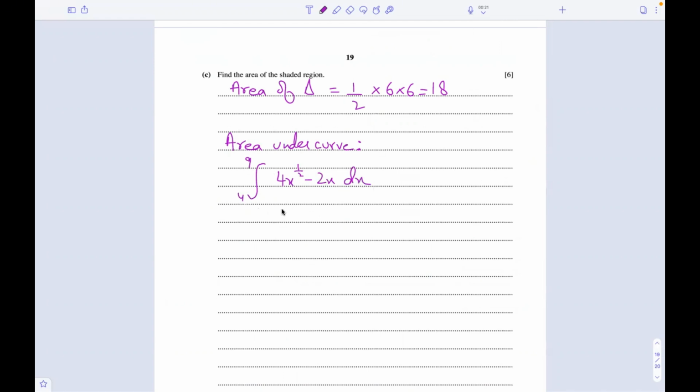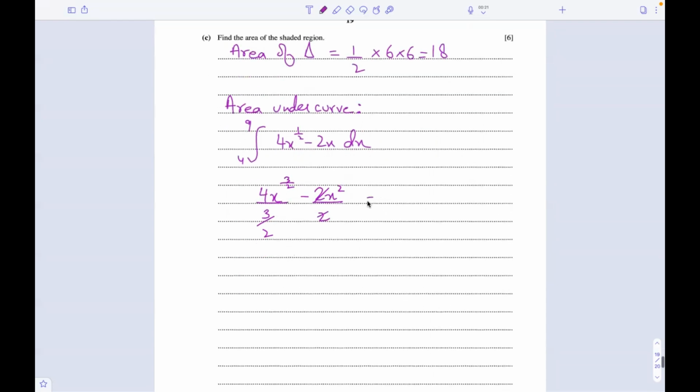We integrate by first increasing the power by 1 and then dividing by the new power. Adding 1 to half, we get 3/2, and then we divide by 3/2, and integrating 2x would become 2x squared over 2, which simplifies to x squared. So the simplified form would be 8/3 x to the power 3/2 minus x squared.